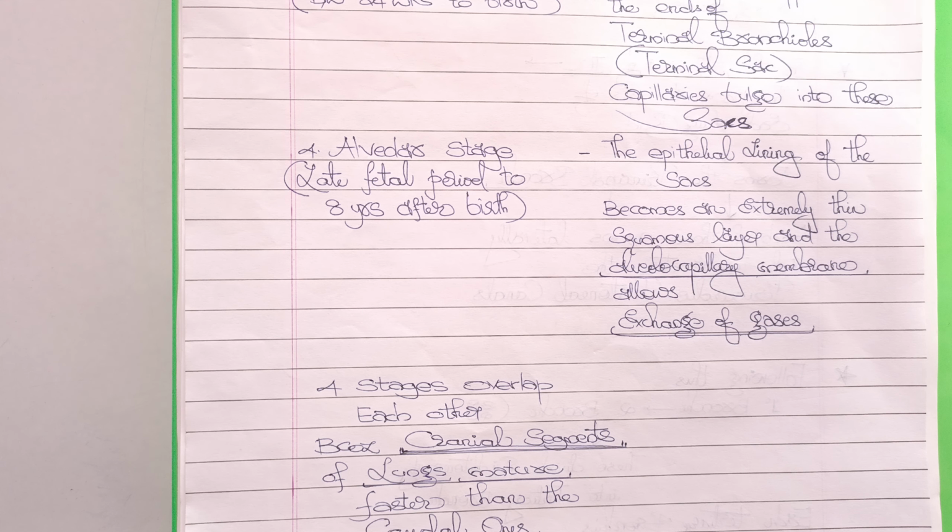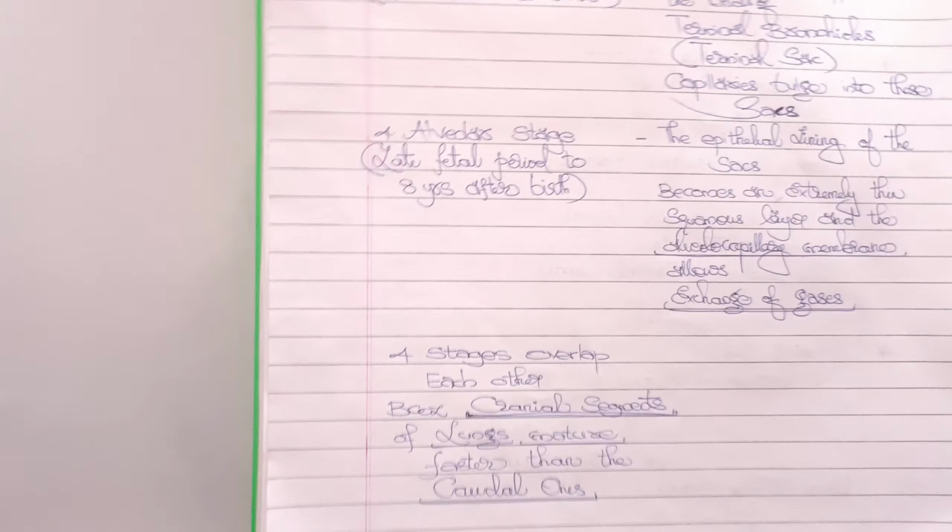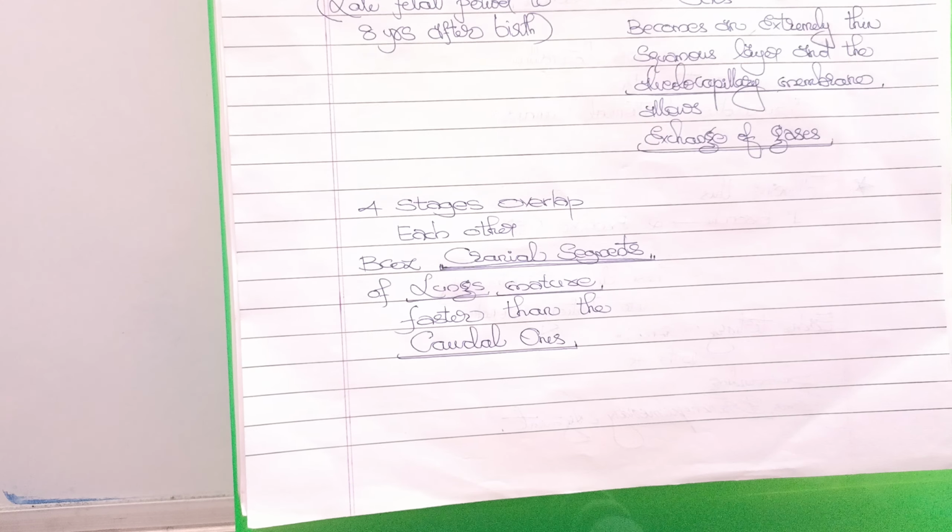These four stages overlap each other because the cranial segments of lungs mature faster than the caudal ones.